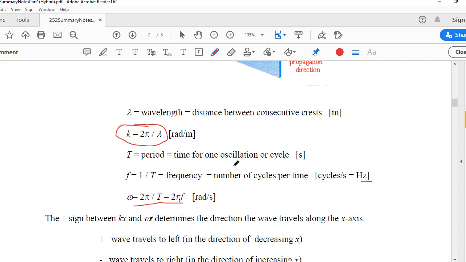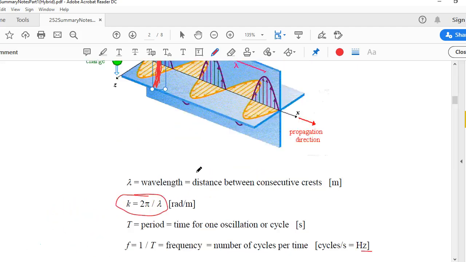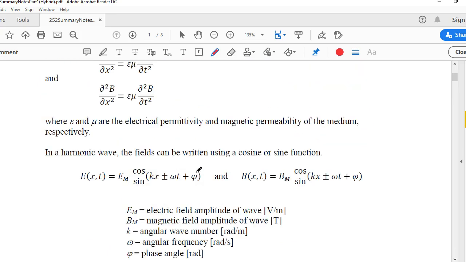Let's do some more housekeeping. The plus or minus sign between the kx and the omega t: I said a solution could have a plus or minus here, and it's nice to have that freedom because physically it determines the direction of travel. I got that wrong earlier, so I'm sorry.